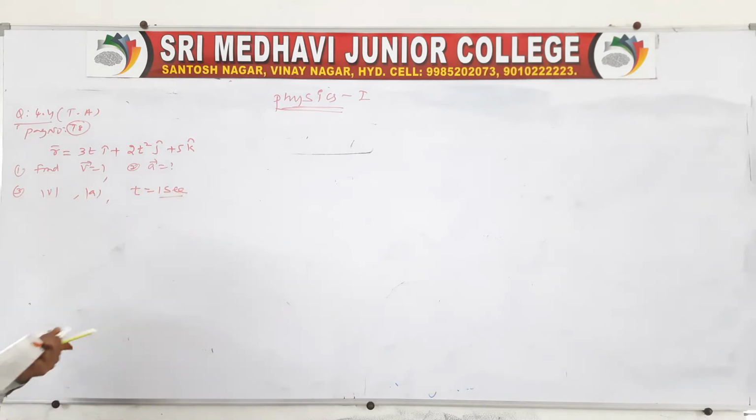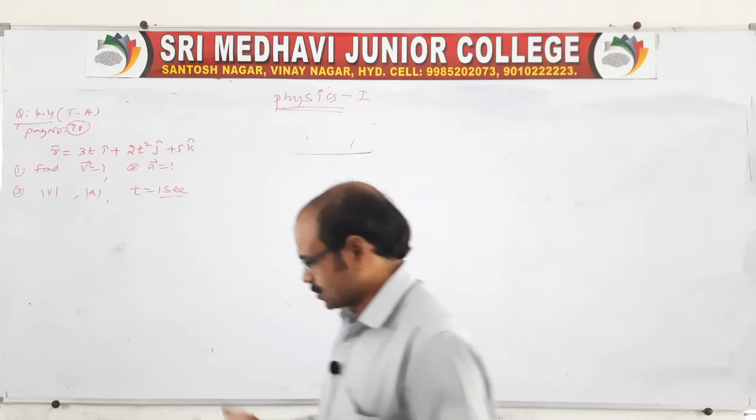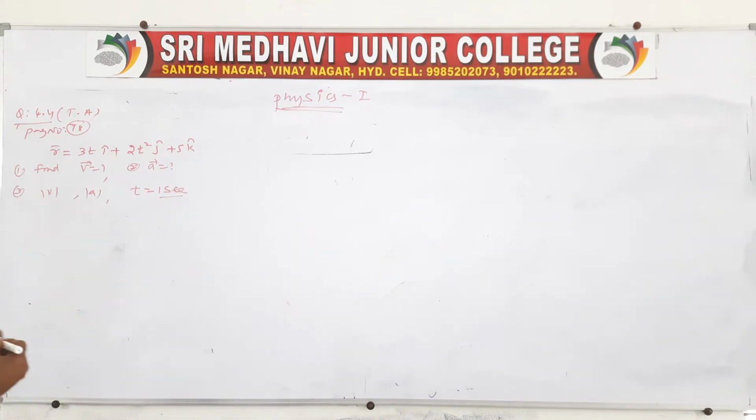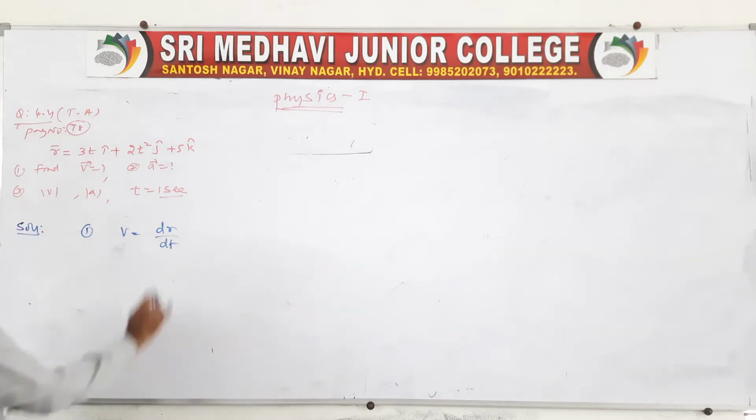By using this, we have to get the velocity as well as the acceleration in the given plane, where the position vector is given. Therefore, first, the solution will be like this. Actually, v is equal to dr by dt.